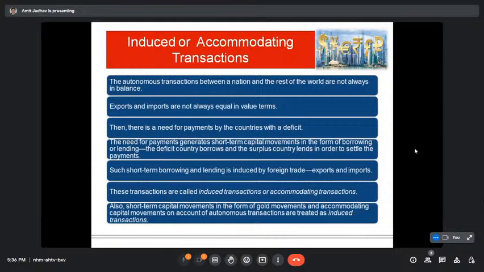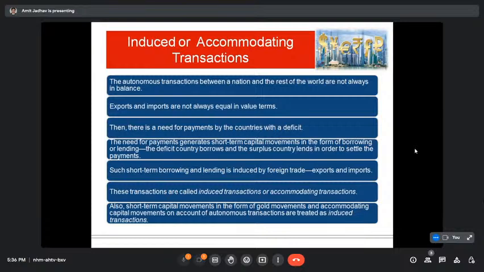Now, such short-term borrowing and lending arises from foreign trade, export and import. Such short-term borrowing and lending is included in accommodating transactions.